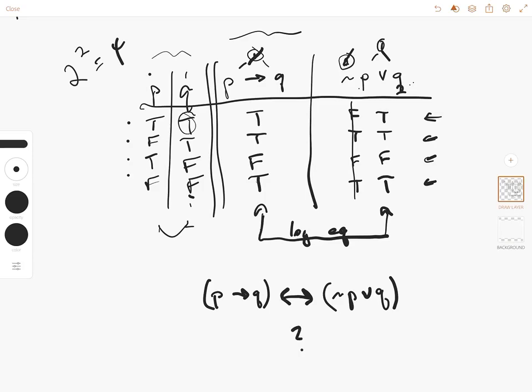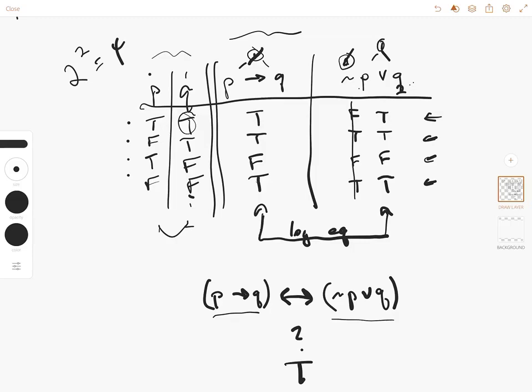Well, if you think for a moment, you'll realize that if the two expressions, P implies Q and not P or Q, always have the same truth value, then if you join these two together with a material equivalence operator, the result is going to be all truths because these two expressions always have the same truth value.